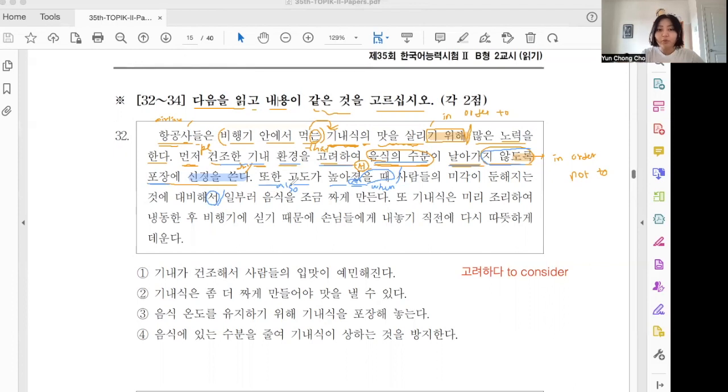So here as well, 또한 고도가 높아졌을 때, when the time, so and then, or after. So here we have three different chunks. One is here 또한 고도가 높아졌을 때, when the altitude became higher. 사람들의 미각이 둔해지는 것에 대비하다, prepare for the 둔해지다, become dull.